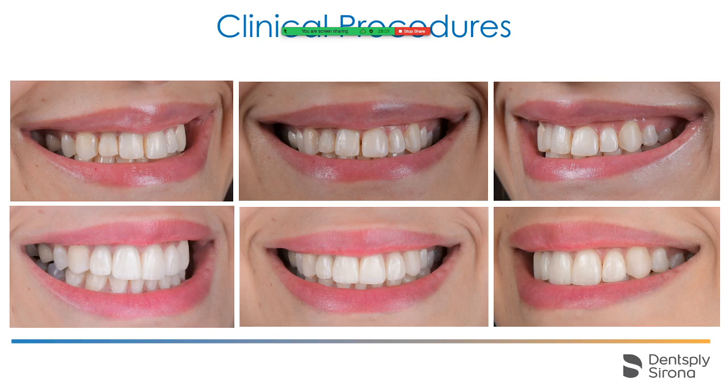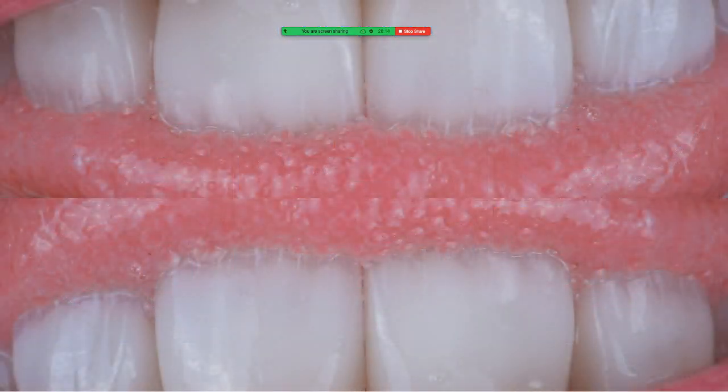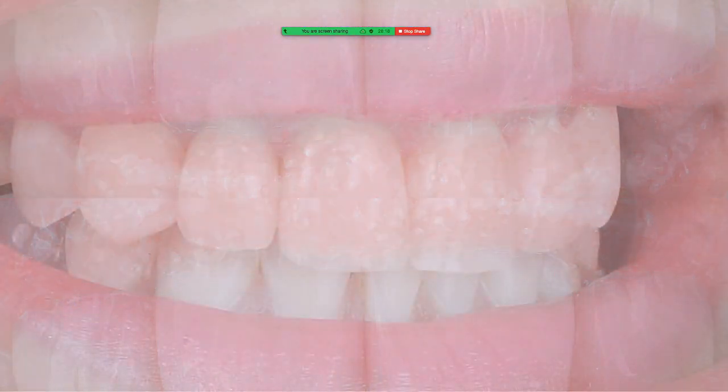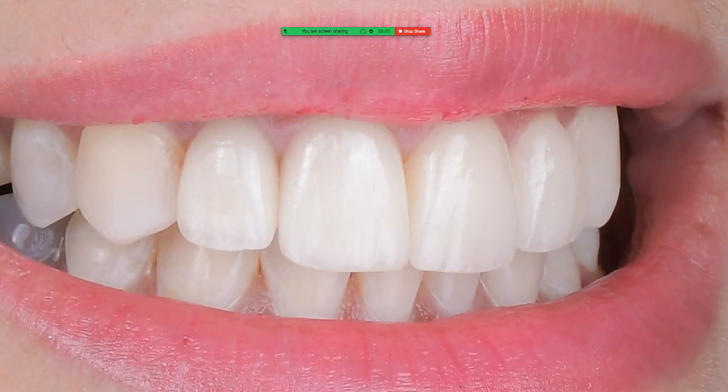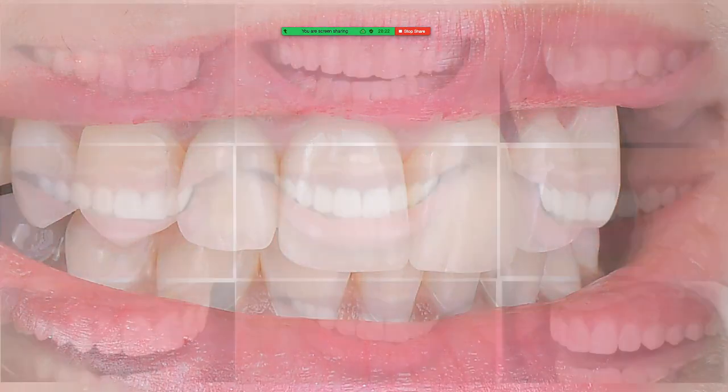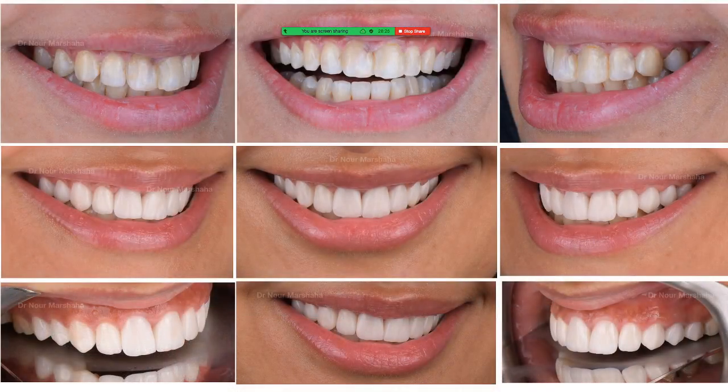And I use Teflon tape, dental white tape. Okay. I use light curing for cementing the veneers. The try-in is a very important phase. And this is the last result of that case.